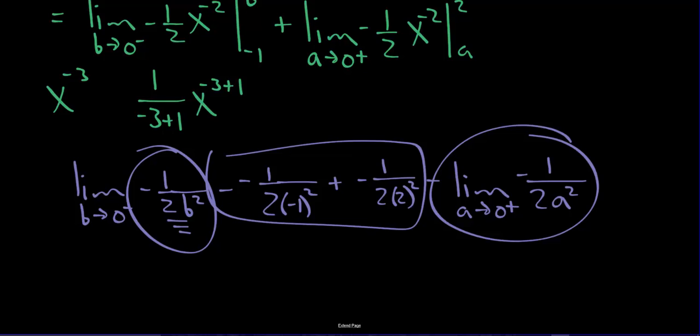Both of them do. So we're going to say this diverges, because as soon as any part of this diverges, the whole thing diverges. Okay. So there we're finished. Any questions about that?